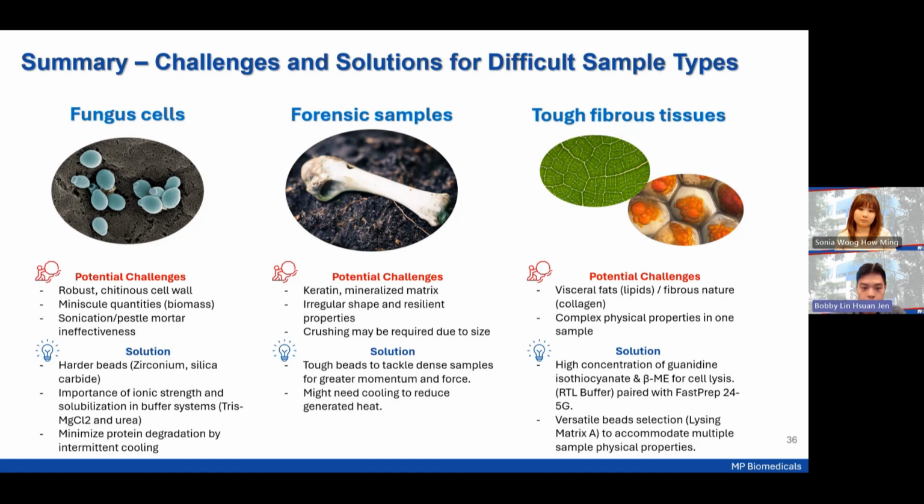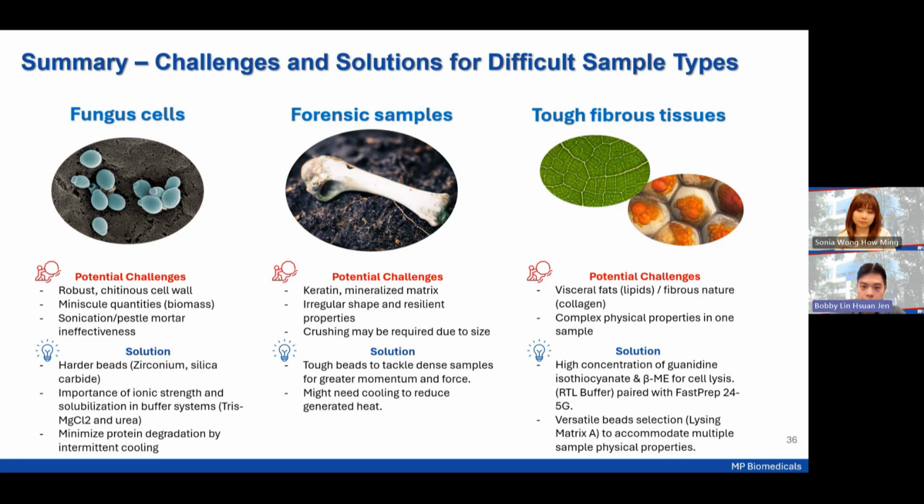To address that, we can crush the sample into smaller pieces, but a better way is to select the right lysing matrix with tougher beads to tackle these harder and denser samples. Especially when you're dealing with bone samples that come in bigger pieces, you'll tend to need bigger beads to pound them into pieces first, then select more angular shaped beads to break them into smaller fragments.